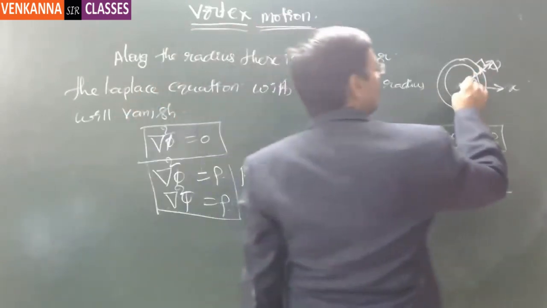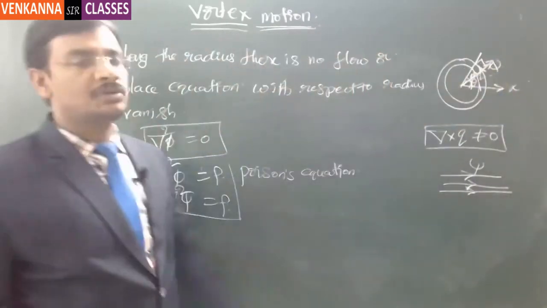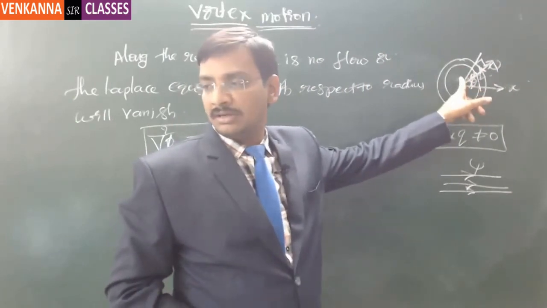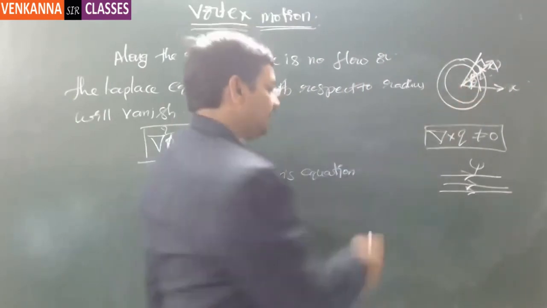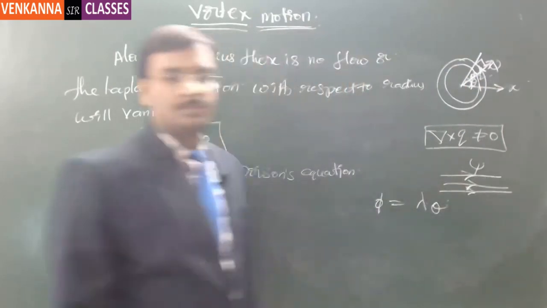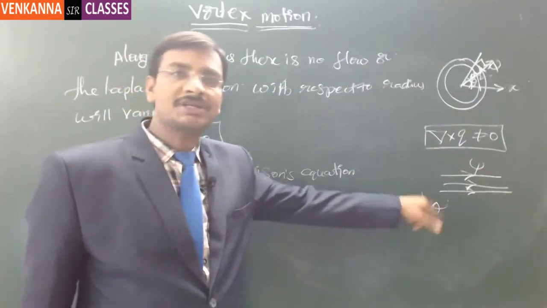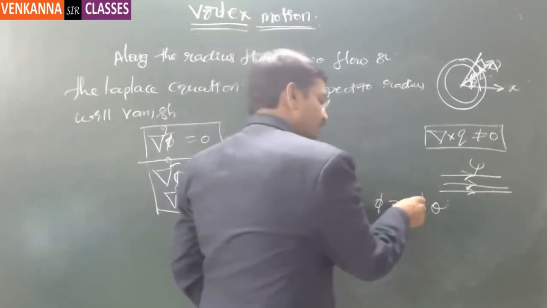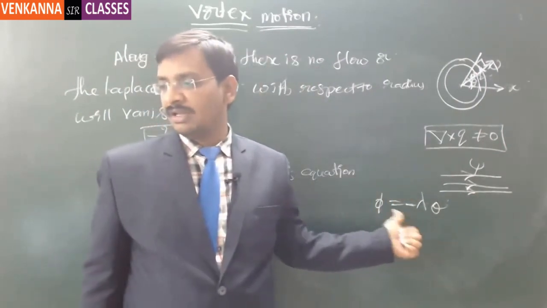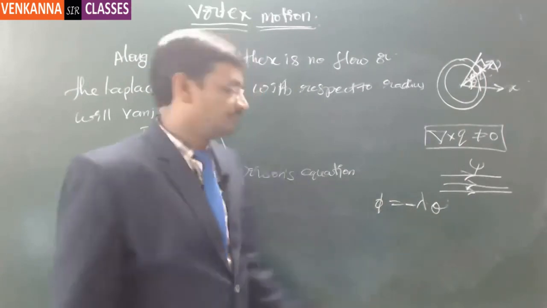So for theta 1 to theta 2, there is a potential difference. That means the potential value depends on theta, so phi can be modeled as some constant lambda into theta. The potential is always in the negative direction, that is, the fluid particle travels from higher potential to lower potential. So the potential can be modeled as minus lambda theta.